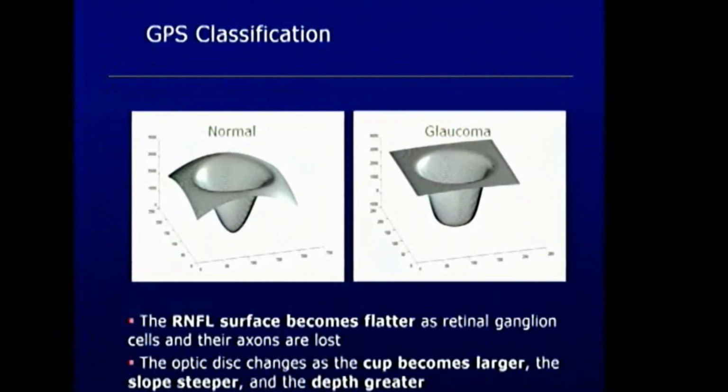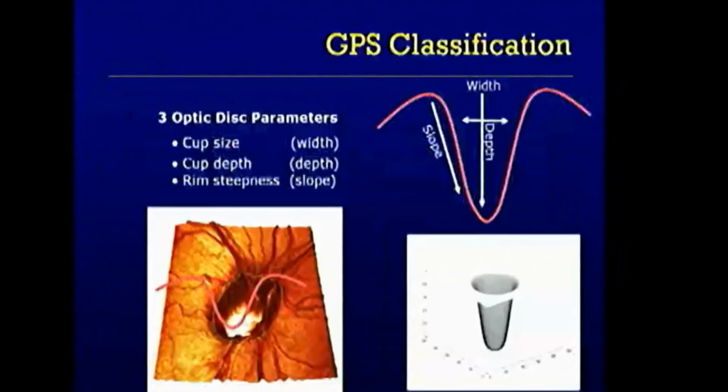Okay? And these can be modeled by probability density functions. So if you've got a certain cup in a given patient, you can say, well, how likely is it to be glaucoma or normal? So the glaucoma probability score, GPS, uses size, the depth of the cup, and the steepness to gauge the likelihood of normality.